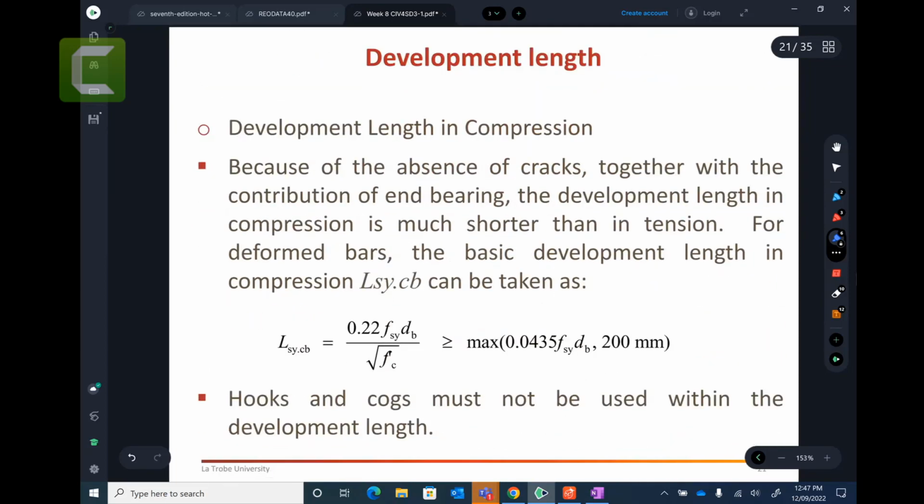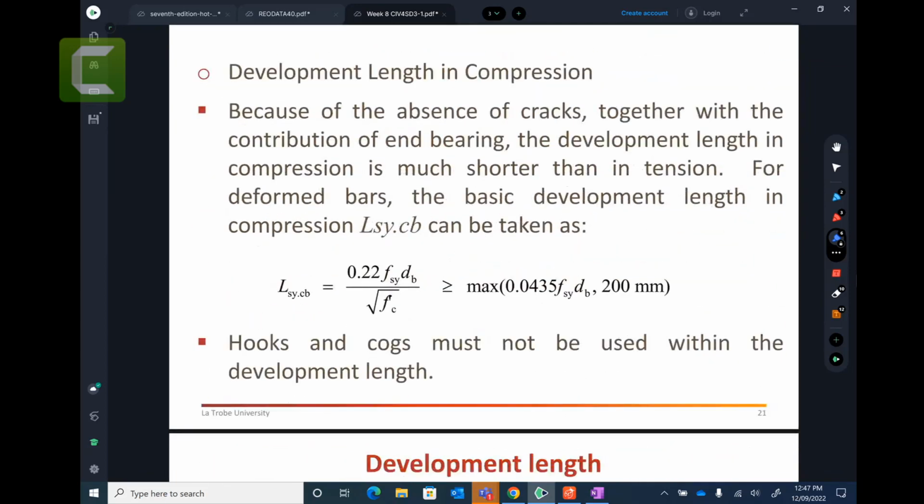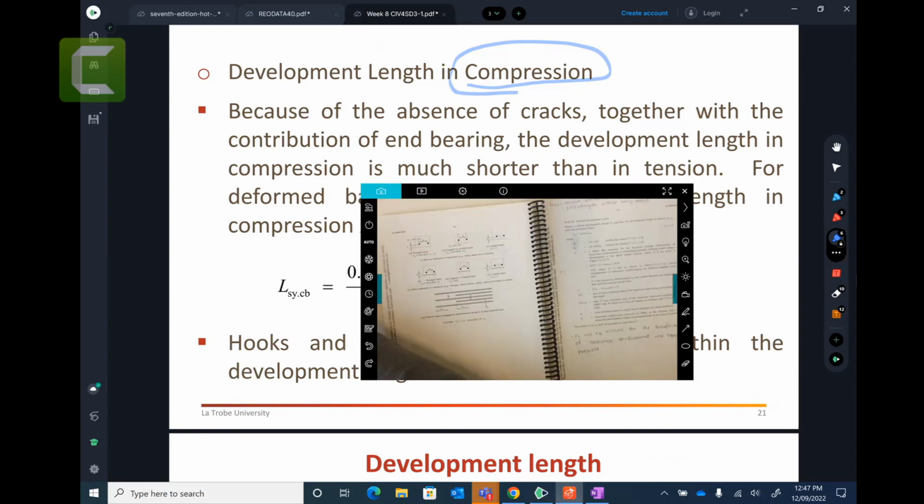Okay, for compression, as I mentioned, you have a compression Rio as well, right? It's not always that you just need to have a tensile Rio. So you can use these equations. Probably I can show it to you here, the compression one.